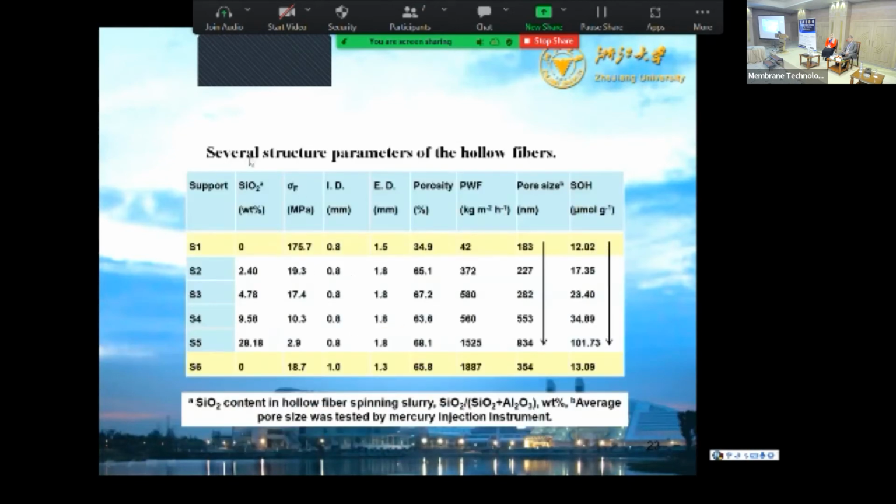This slide shows the structural parameters of the hollow fibers. With the increase of the silica content, we can see the pore size increases and the surface OH group content is also increased.